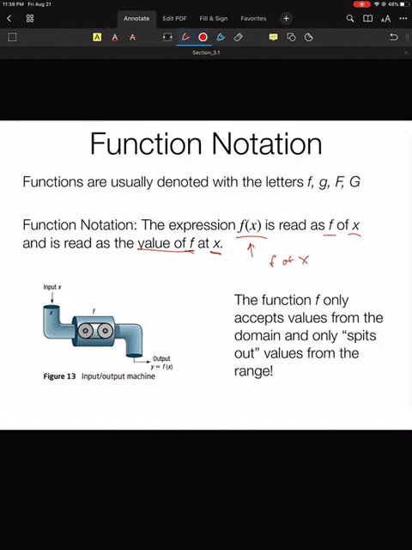You can think of a function as a machine, where you input something into that machine and then something comes out of that machine. In my example above, the machine was 2 times x plus 4.